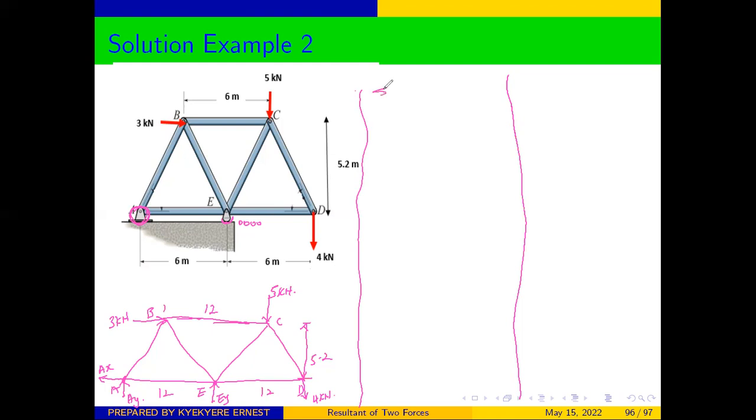Therefore, let's first determine the reactions at support. We know that it is two-dimensional. Therefore, our equilibrium equations will be sum of moments equal to 0, sum of forces in the x equal to 0, and sum of forces in the y equal to 0. But before we use these equations, first of all, we need to simplify our problem.